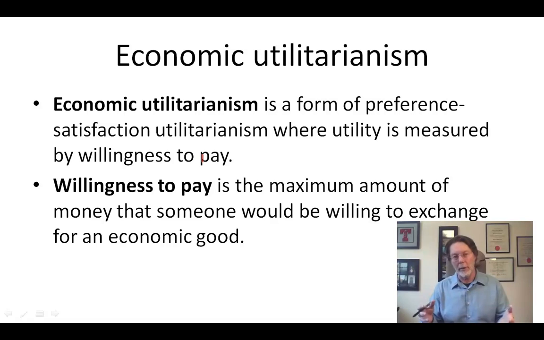Now we're going to talk about a different way of measuring how strongly somebody wants something, in terms of how much they're willing to pay to have that desire satisfied. Or conversely, the cost would be how much you're willing to accept to give up that preference.